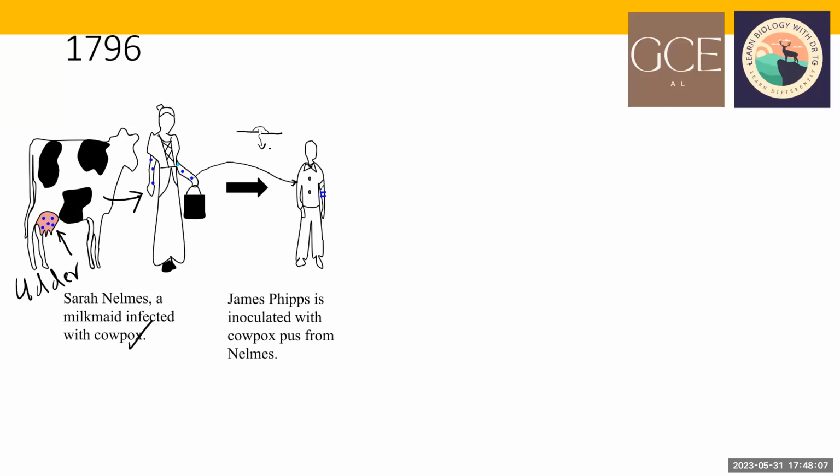That means the content of these blisters can go into this boy, because we know skin is a barrier. It can't go, but we break the skin barrier mechanically, and then the content can go into this boy. So this is called inoculation. Inoculation is a common term we use, the transfer of microorganisms from one place to another place.